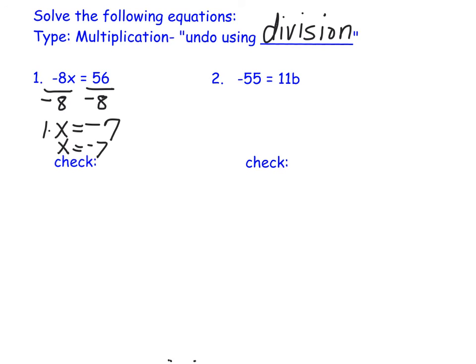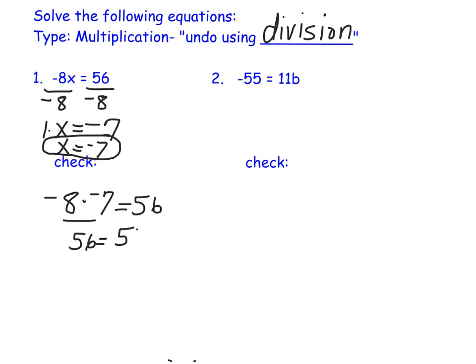So you don't have to write in that last stuff there, but it's not bad to do it at first. All right, so if we check that, is negative 8 times negative 7 equal to 56? If I multiply negative 8 times negative 7, I get 56, and that is obviously equal to 56, so that is correct.